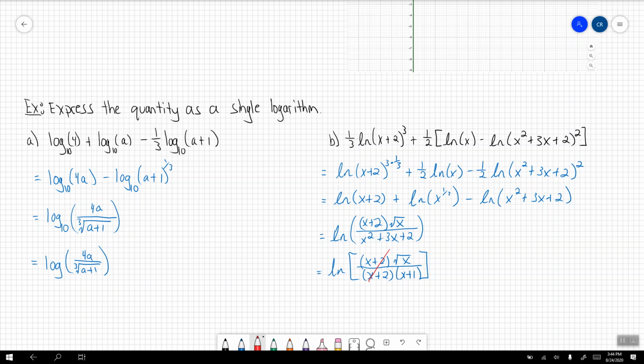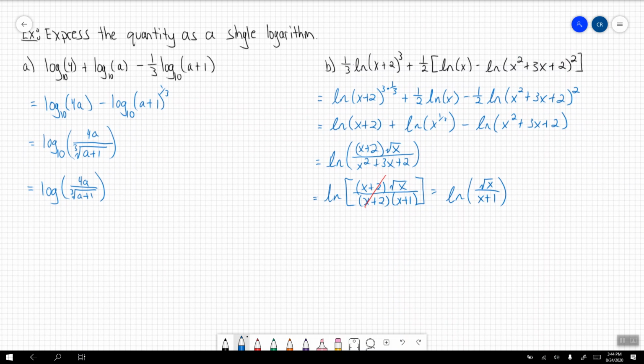Those factors of x plus 2 will simplify to just be a factor of 1, which means in the natural log, we just end up with the square root of x divided by x plus 1. And that's all there is there, which is really, really good for us. That is awesome.